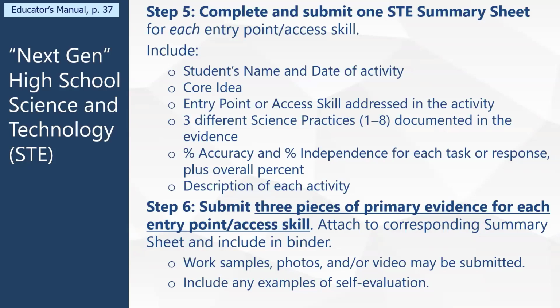And attached to those entry points and evidence, you're going to have a summary sheet. For anyone doing the science, you can submit work samples, photographs, or videos. And remember, our videos are only up to 3 minutes, so you want to make sure you're capturing that final product. And high school, you'll still include any self-evaluation.